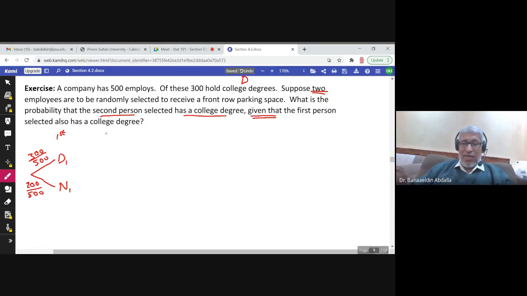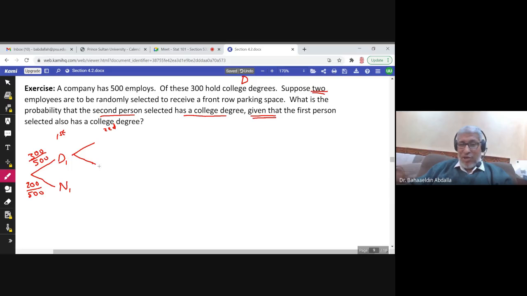Now we need to select another employee, the second employee. If you select another employee, there are some possibilities. What about the first employee? If the first employee has a college degree, this means given, this means conditional probability.